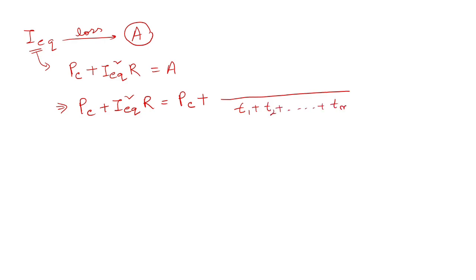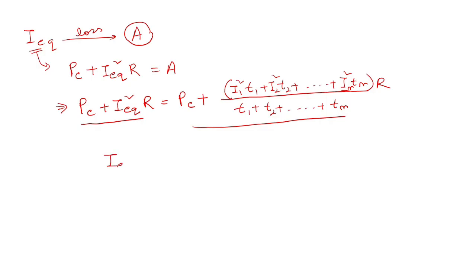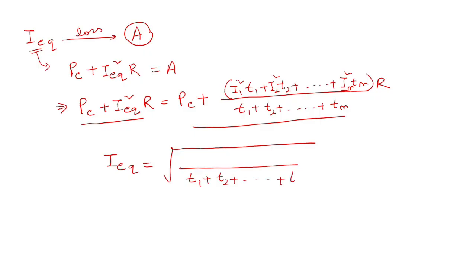up to Tn, I1 square T1 up to In Tn. Now if we compare the left hand side with the right hand side, we will get that IEQ is equal to under root, I1 square T1 plus up to In square Tn.